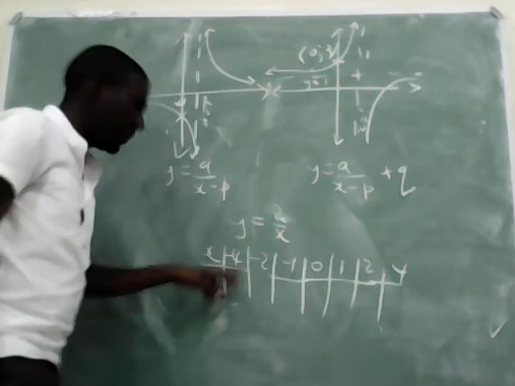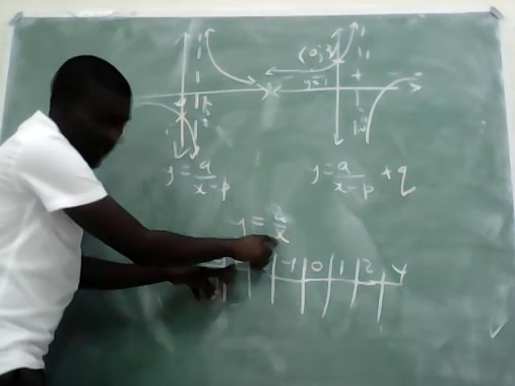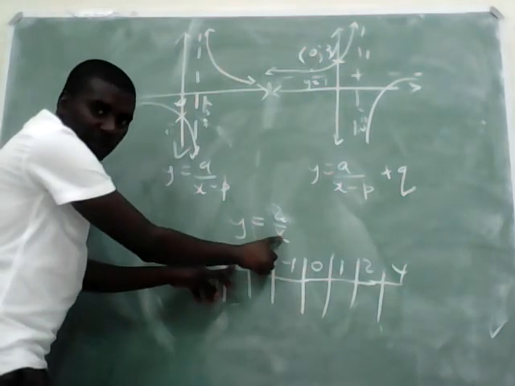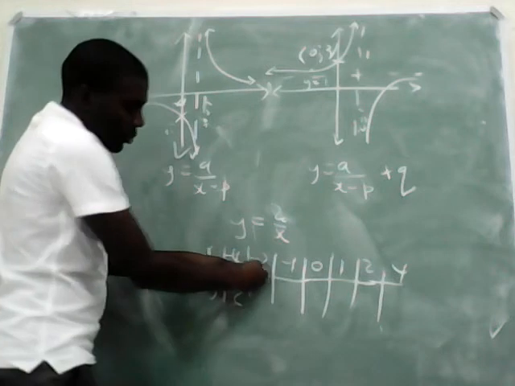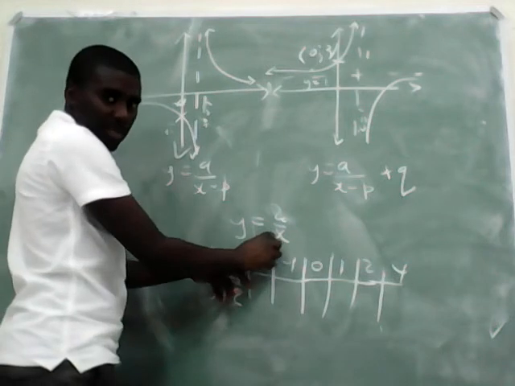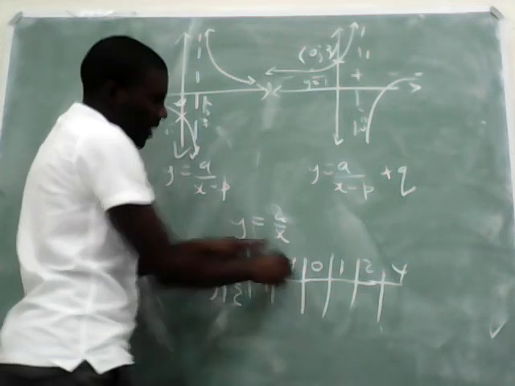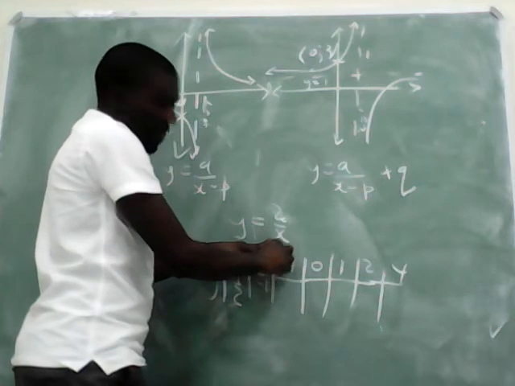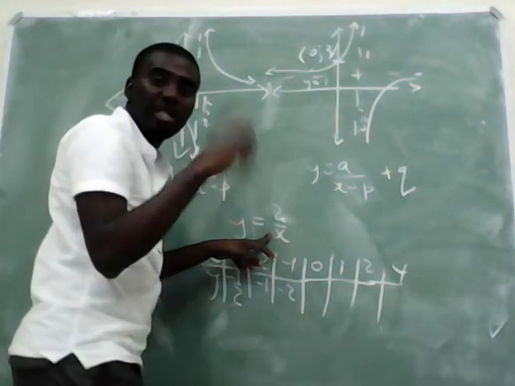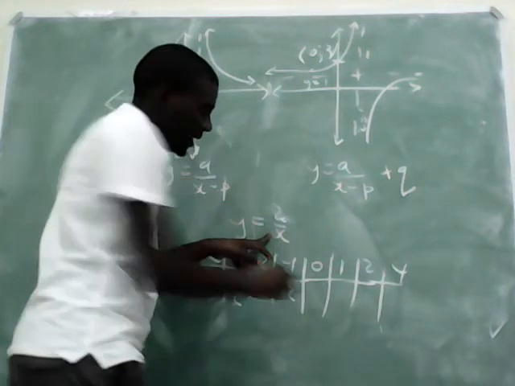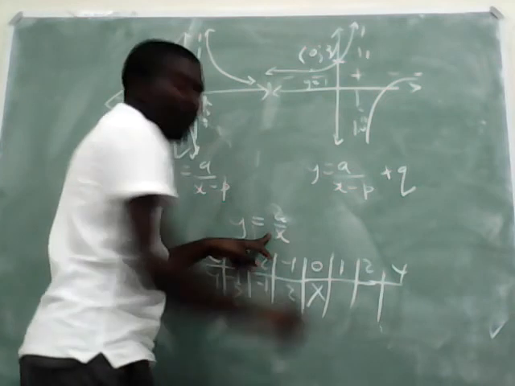If I substitute -4, that will be 2 over -4, which is negative half. When I substitute -2, it will be 2 over -2, which is -1. When I substitute -1, 2 over -1 is -2. When I substitute 0, 2 divided by 0 is undefined.